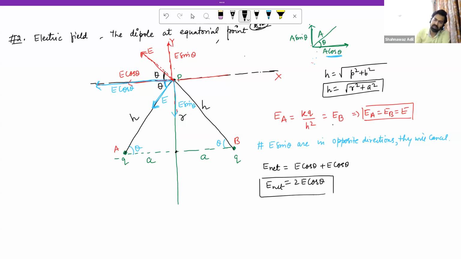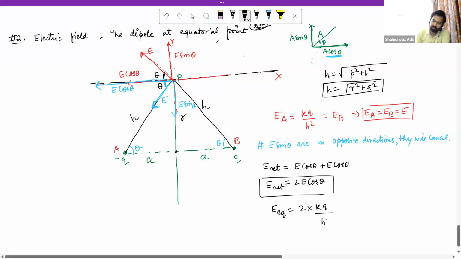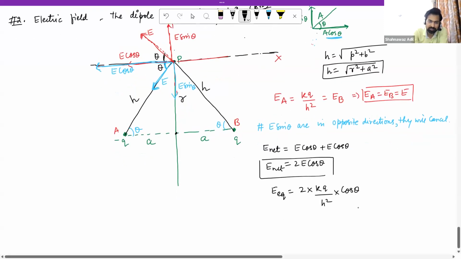So we already know what is this E. We already know from here that E net, which is E equatorial, is 2 E cos theta, where E is KQ divided by H square, and H is root of A square plus R square. Clear? Yes, sir. Okay, so now let us get back to the triangle again.